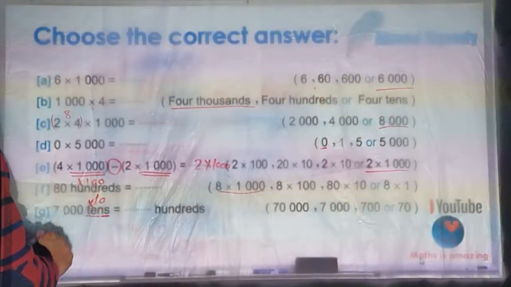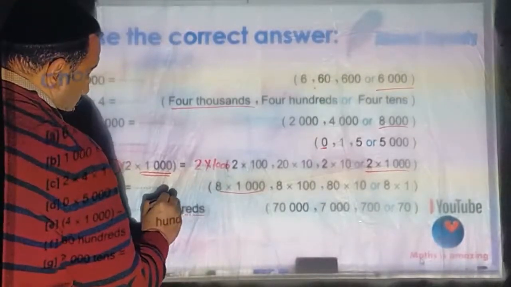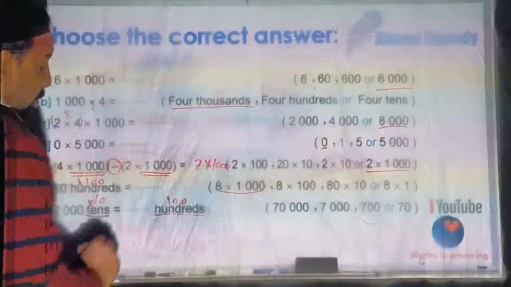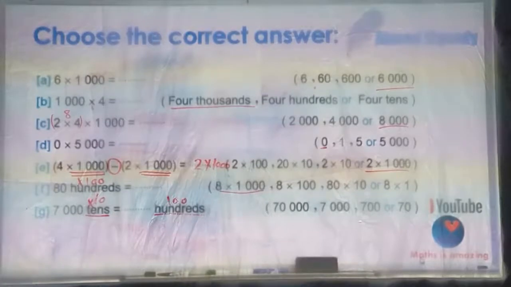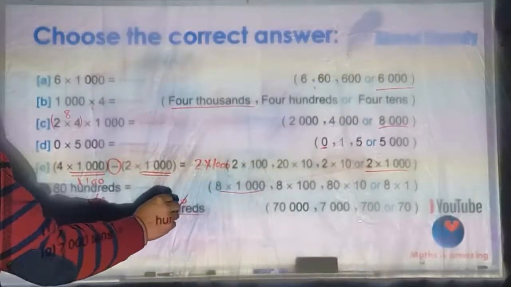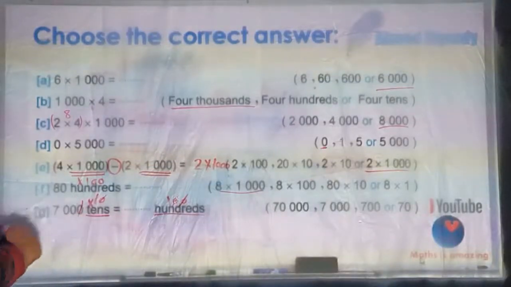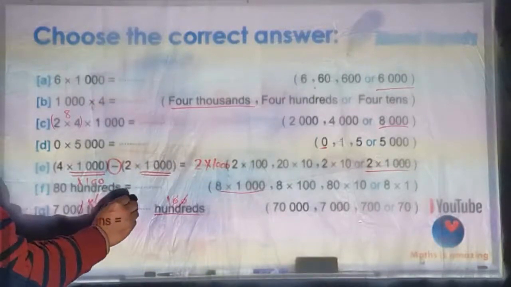Now we have 1, 2, 3, 4 zeros here. 1, 2, 3, 4 zeros. Hundreds here we have only 2 zeros. If we compare the 4 zeros here with 2 zeros, the remainder will be 700.